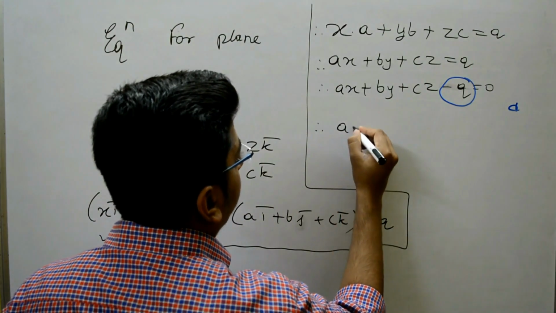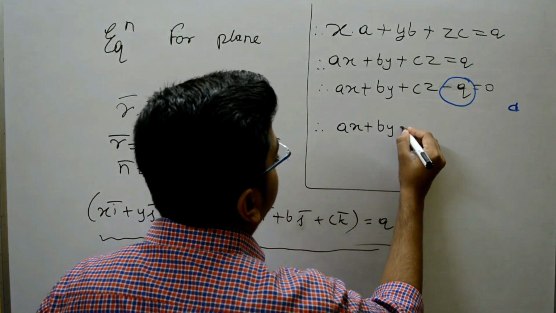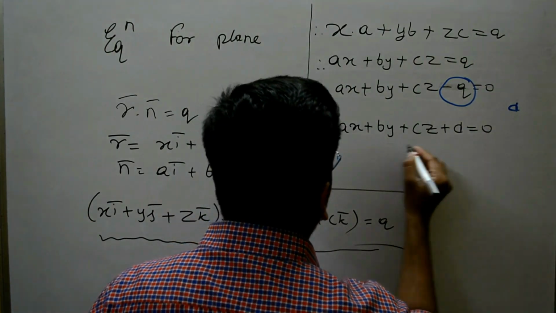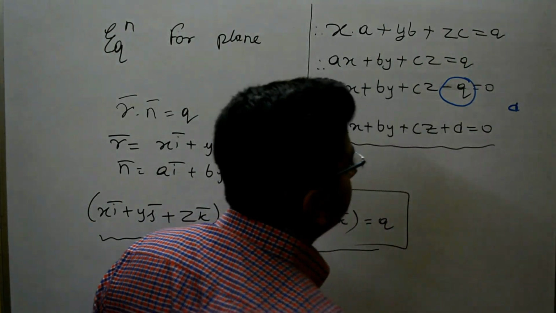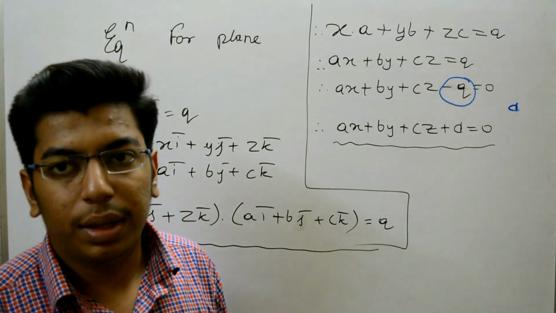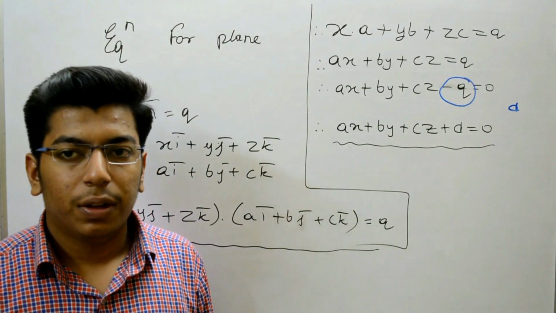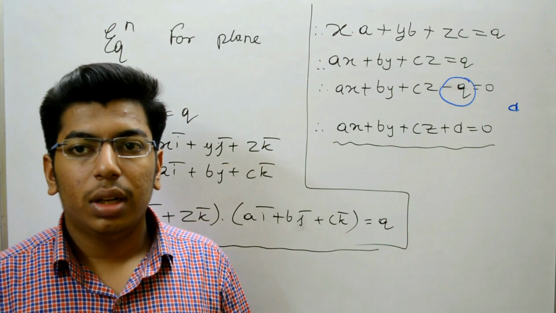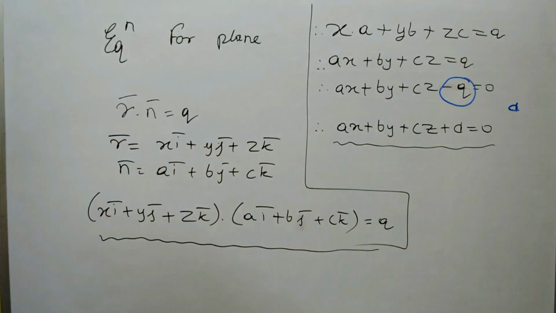Therefore ax plus by plus cz plus d is equal to 0, and this is the general equation of the plane. Now you go through this, then we will move further to the next topic.